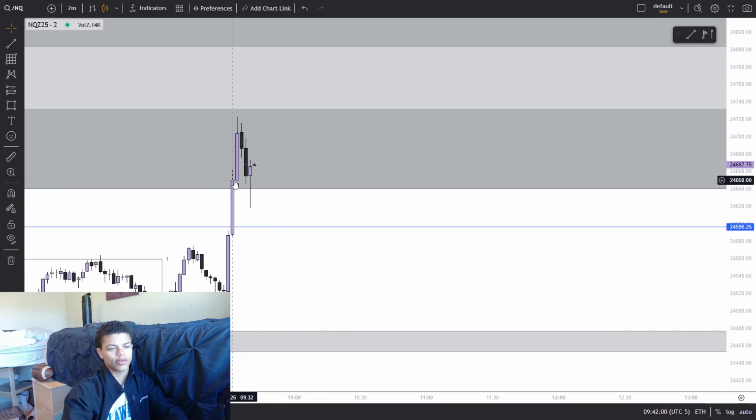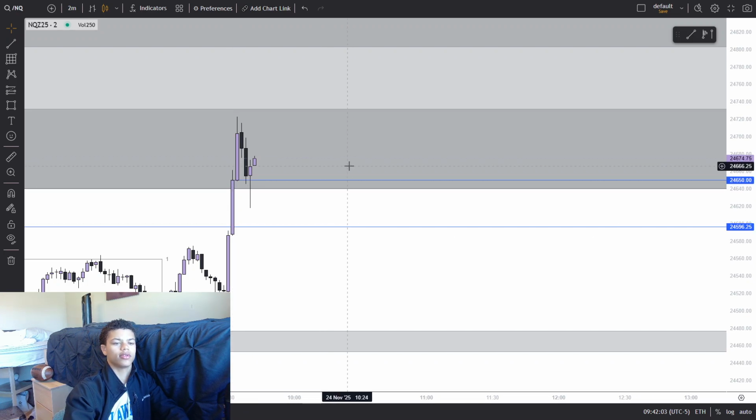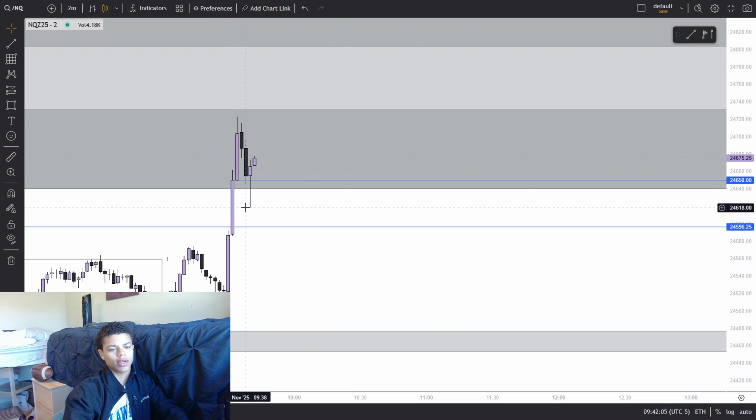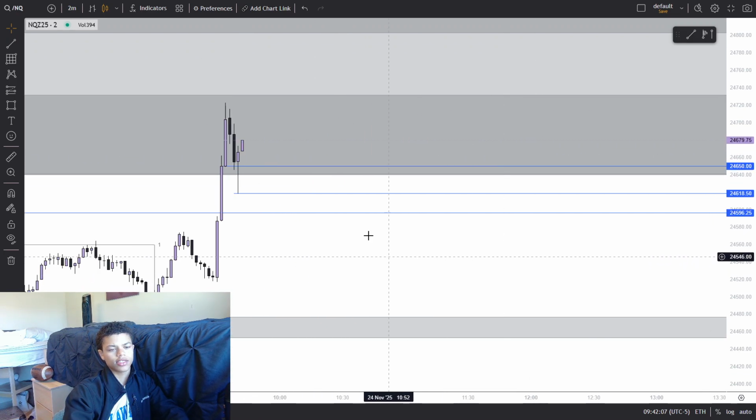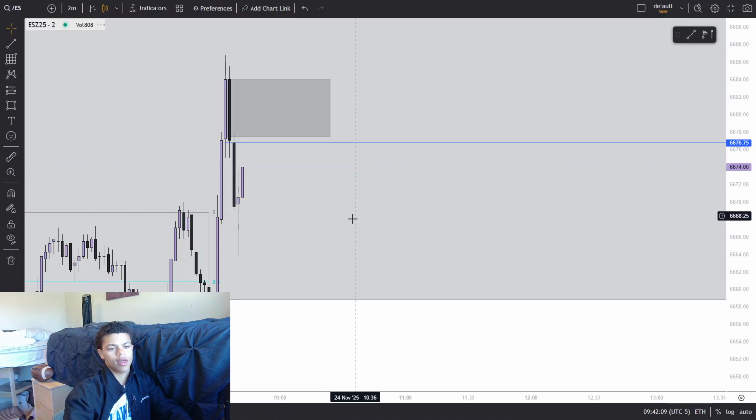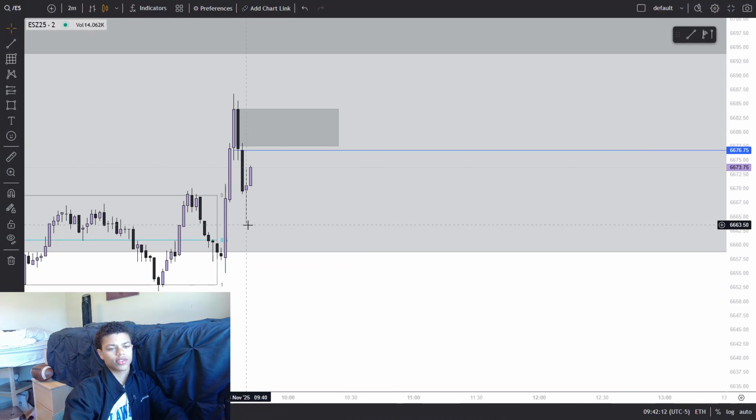See, this is what I like to see on NQ. These are the lows I'm looking for. This is what I'm looking for on NQ. See, ES went so low.